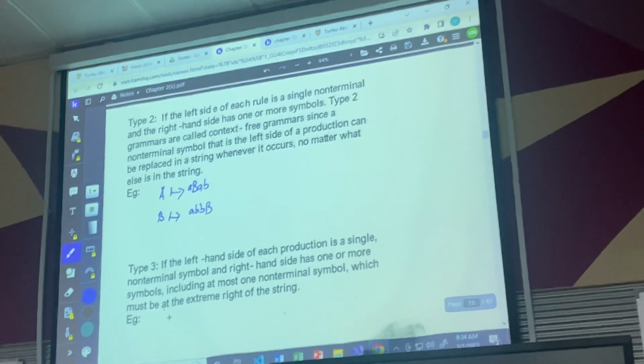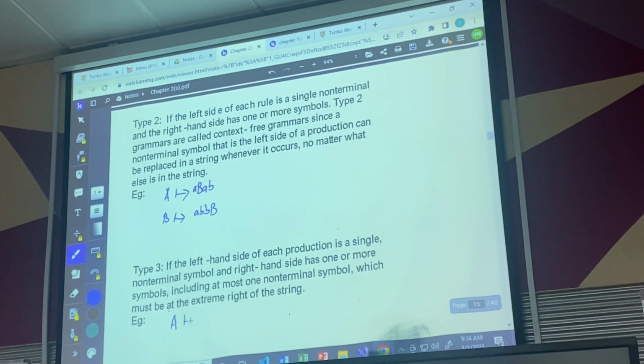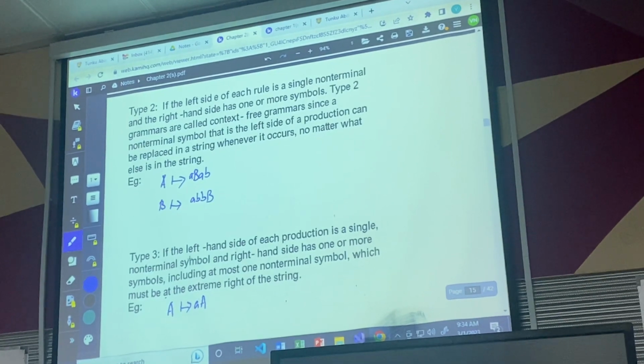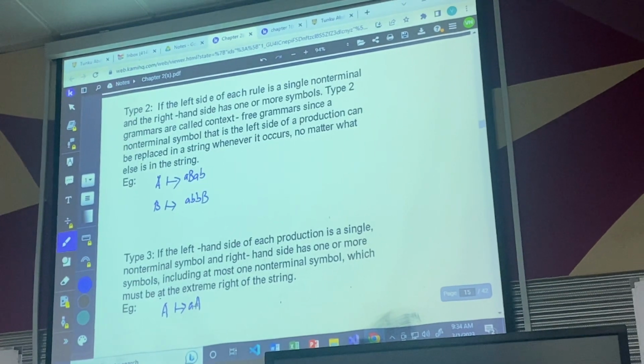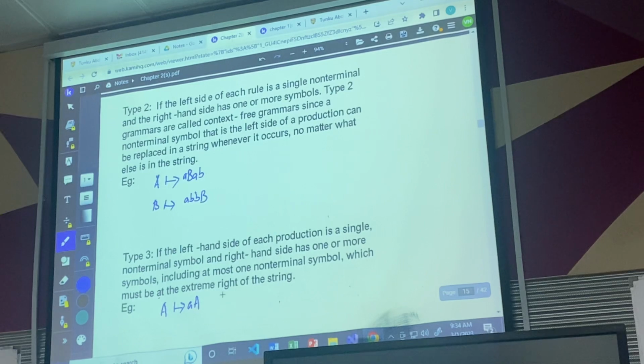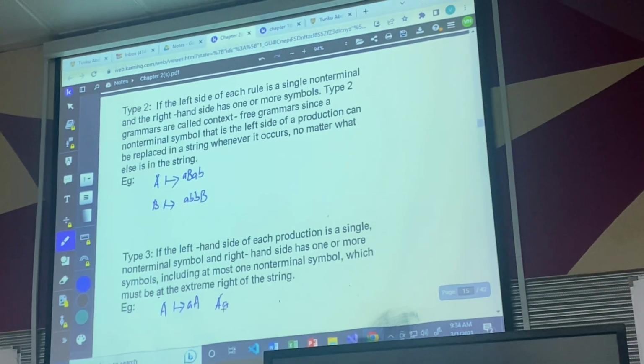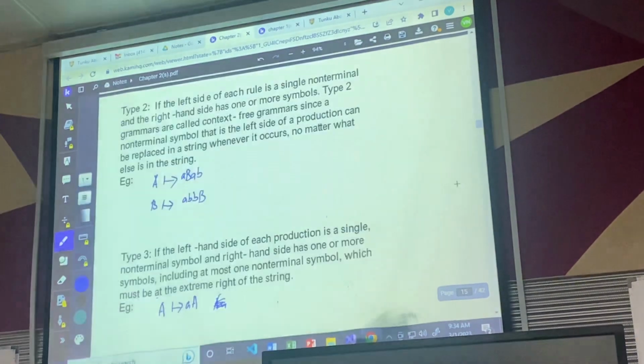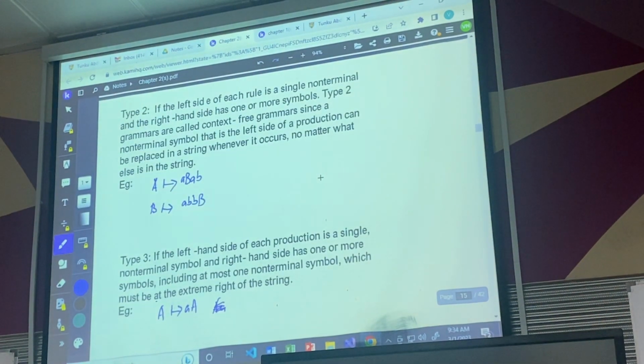For example, at the left, I have a single non-terminal. At the right, I can have at most one non-terminal, but this non-terminal must be at the most right. You cannot write this capital A at the left-hand side of the small letter. If you write like this, then this is not type 3. Understand? So we will not write like this in a type 3 grammar.